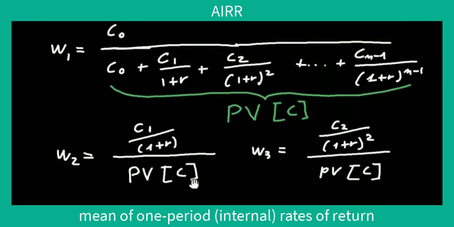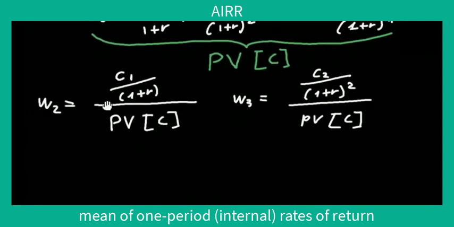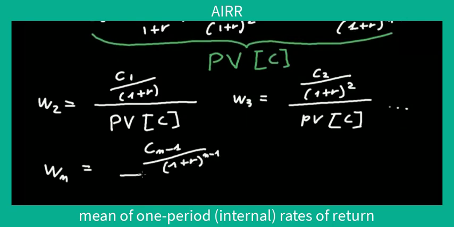And so on until the last weight, Wn, which is the last capital invested, C of n minus 1, discounted by n minus 1 periods, which is divided by total capital.